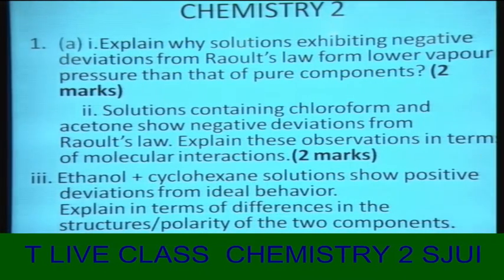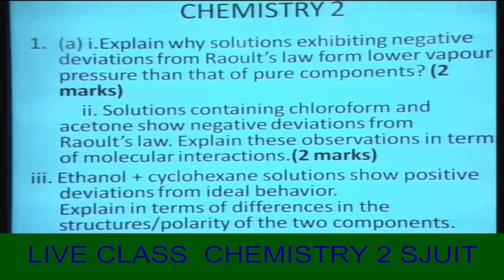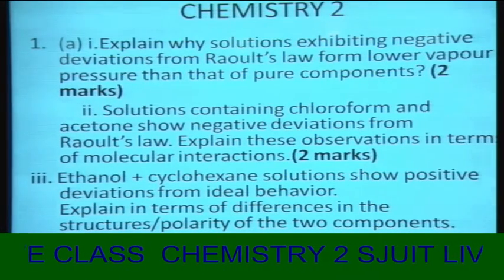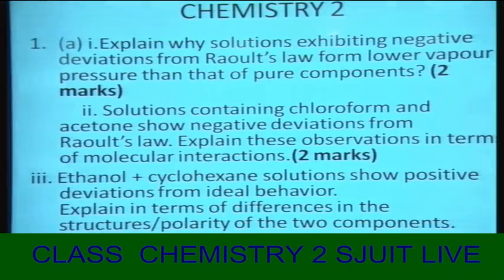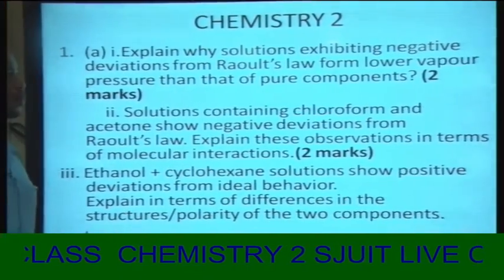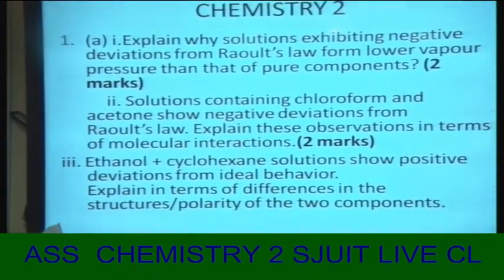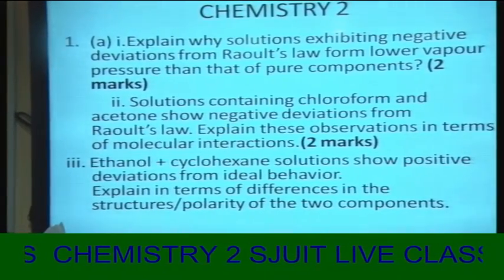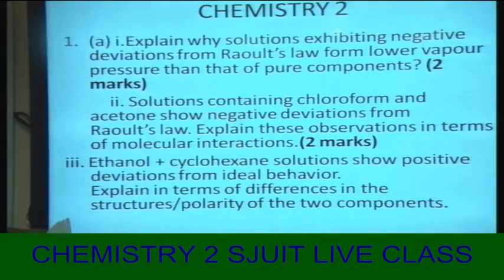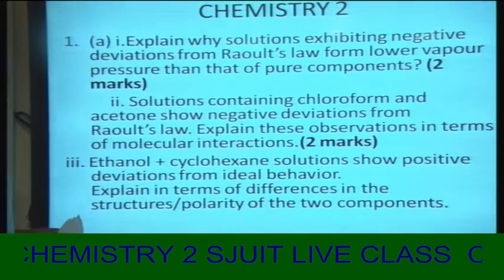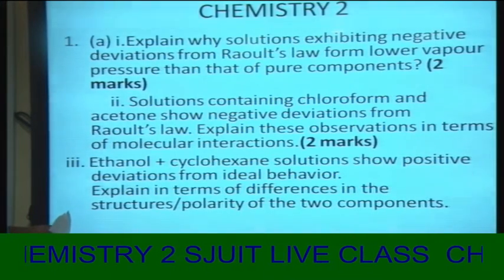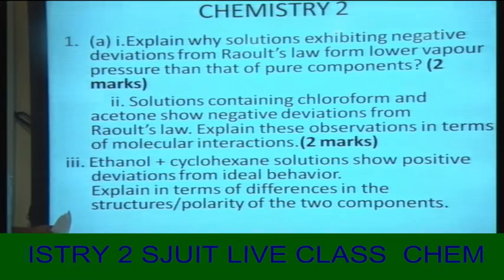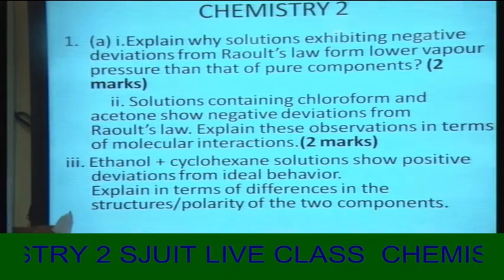Explain why solutions exhibiting negative deviations from Raoult's law form lower vapor pressure than that of pure component. So we need to account for this observation. Roman 2. Solutions containing chloroform and acetone show negative deviation from Raoult's law.